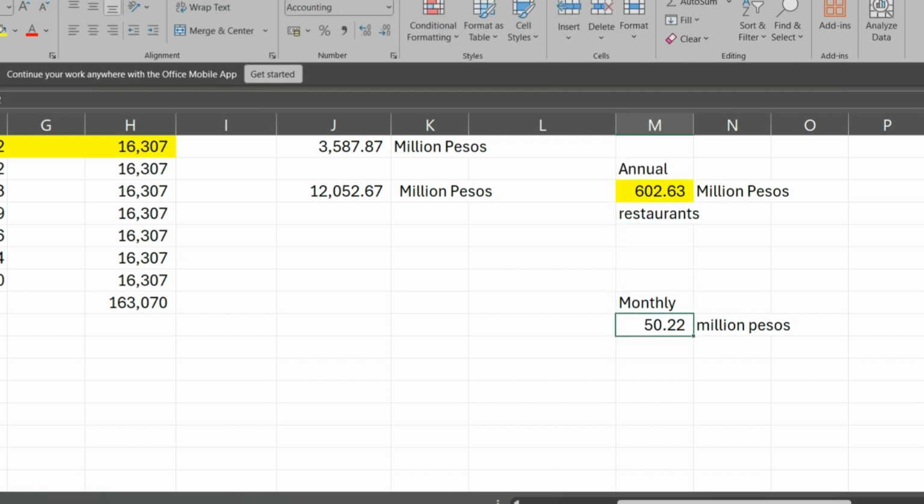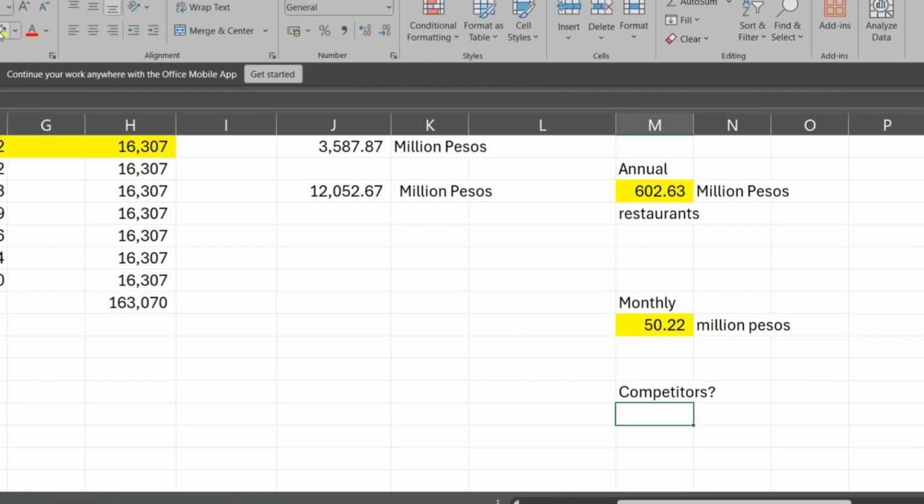So 50 million actually is being shared among all the companies that are selling food away from home, right? Let us now calculate how many competitors we have, because that is the main thing. Competitors. How many competitors do we have?